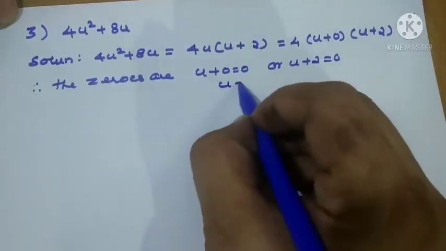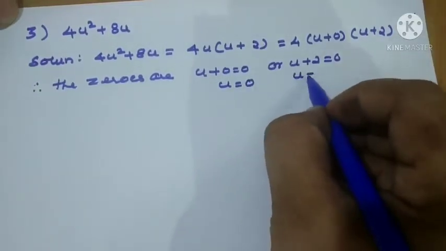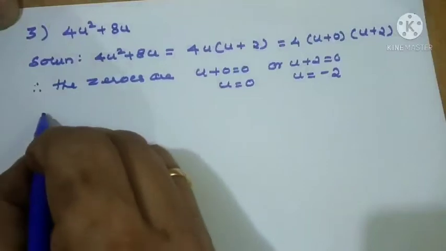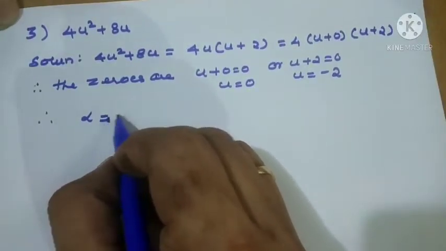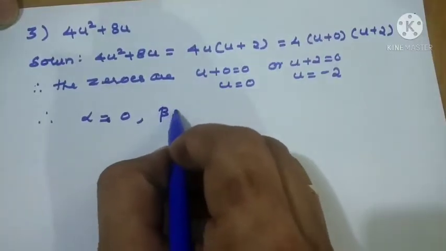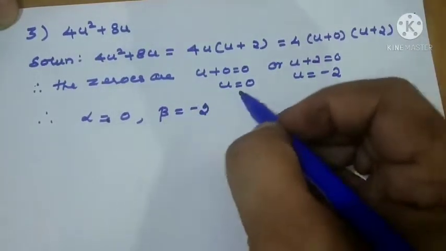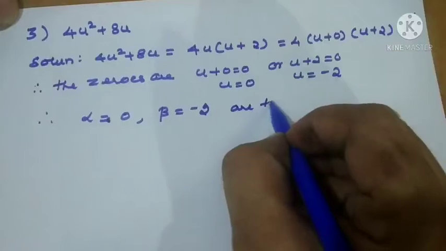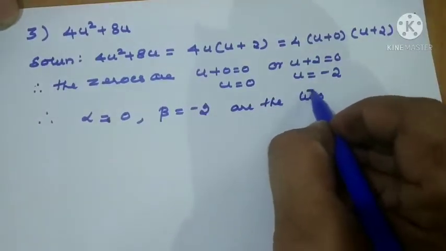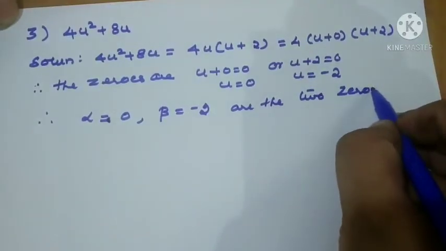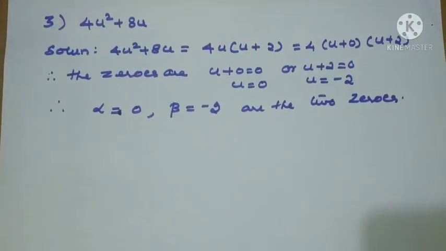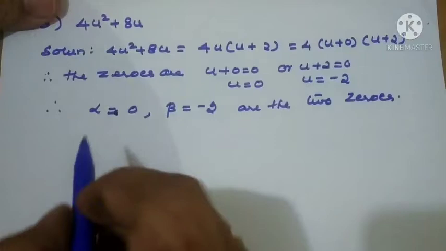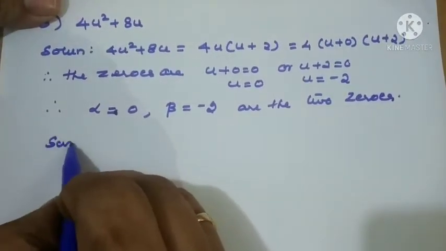That means u equal to 0 and u equal to minus 2. Therefore alpha equal to 0, beta equal to minus 2 are the two zeros. Then what is alpha plus beta? We have to find the sum of the zeros now.